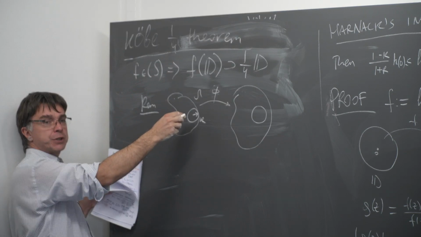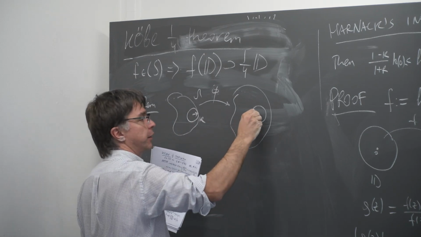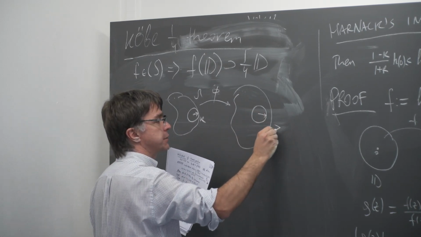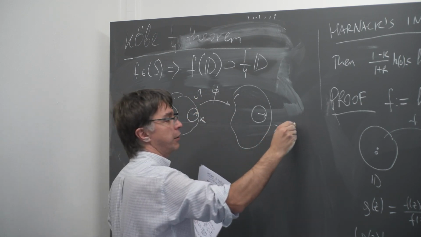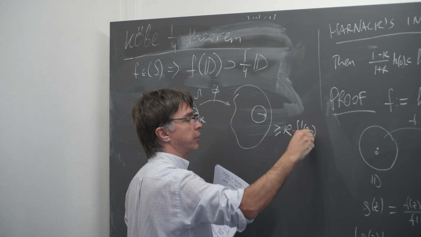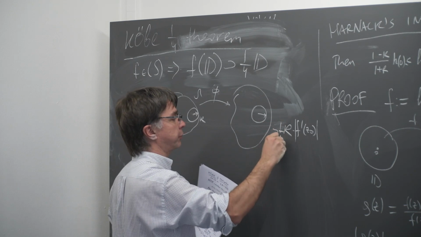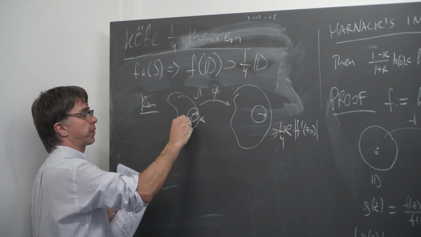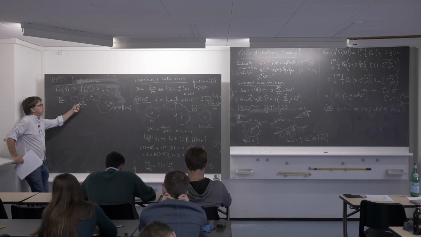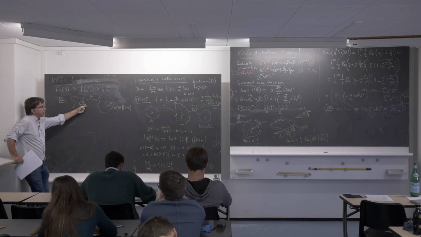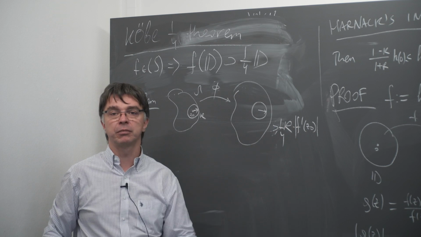First we shrink or stretch to get this, so the radius here should be at least r, and also we change the derivative to 1, so it's at least r times f prime of z0 and 1/4. So for any conformal map of any domain, if the domain has around z0 a disk of radius r, the image will have a disk of radius 1/4 r times f prime.